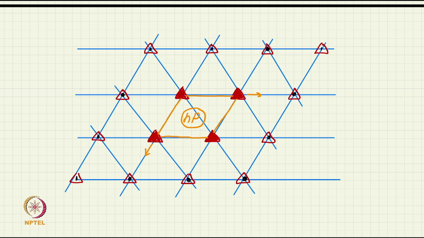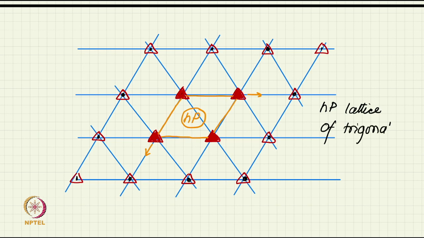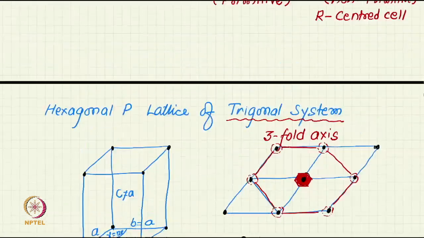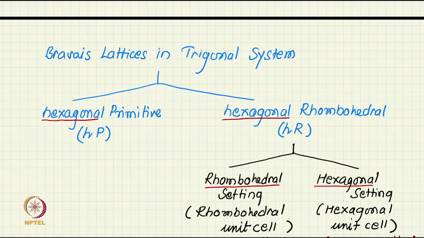So, we can call it an HP lattice of trigonal crystal system. So, that is this branch.